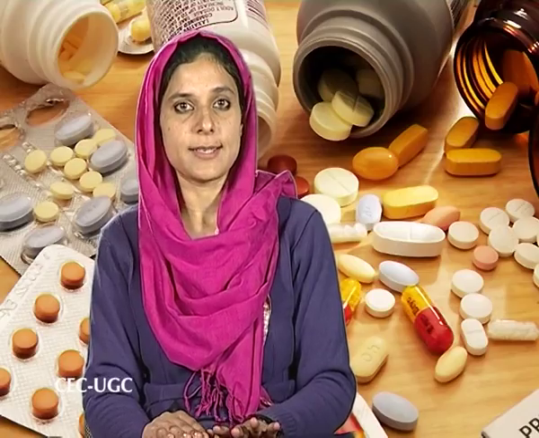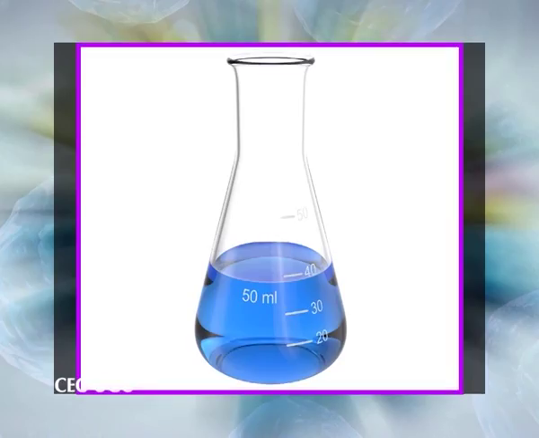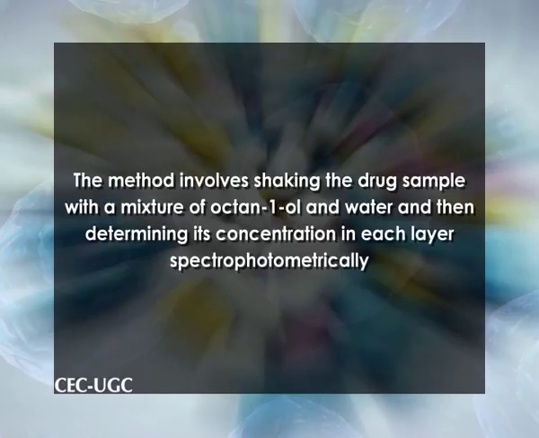Drug formulators determine partition coefficient mostly by shake flask method. The method involves shaking the drug sample with a mixture of octan-1-ol and water and then determining its concentration in each layer spectrophotometrically.